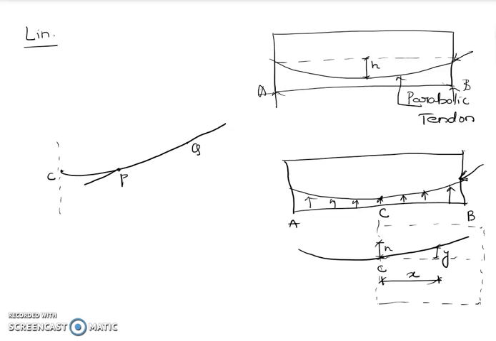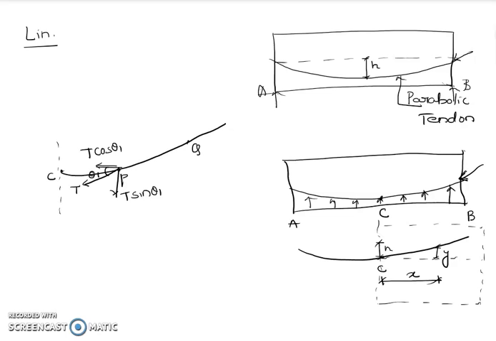Here the tension is acting like this. So two components, the vertical and the horizontal component, if this is theta 1, then the horizontal component will be T cos theta 1 and the vertical component T sin theta 1.